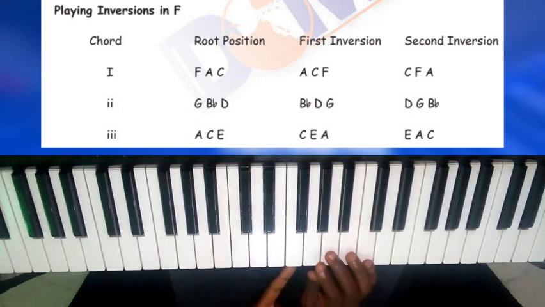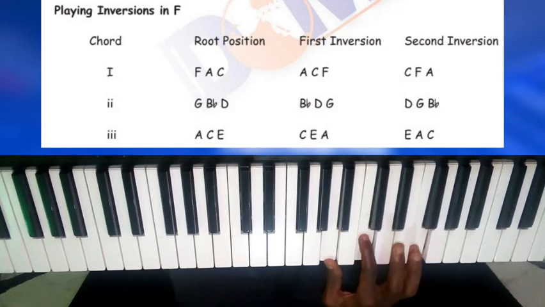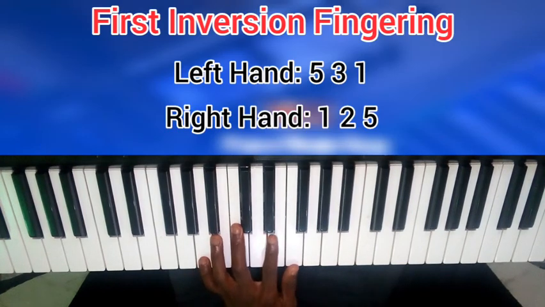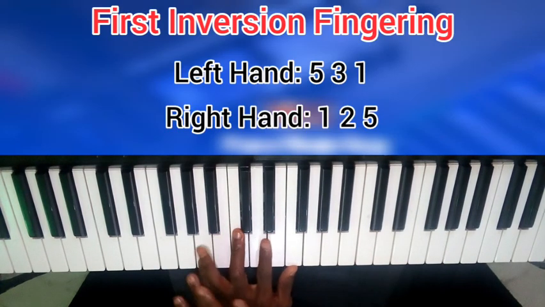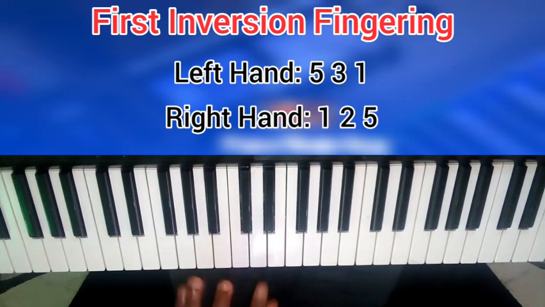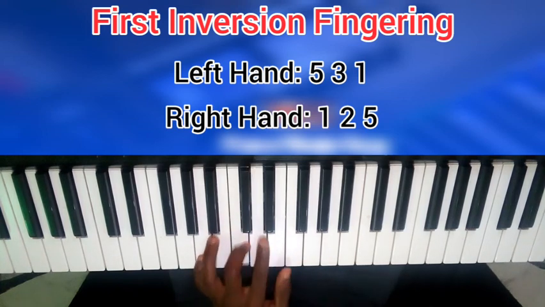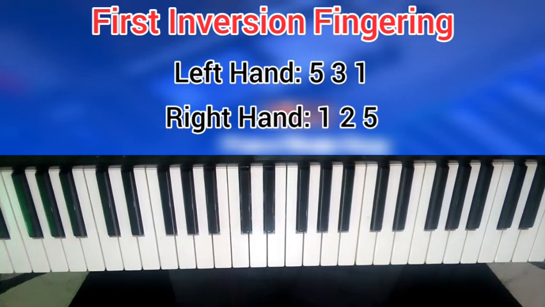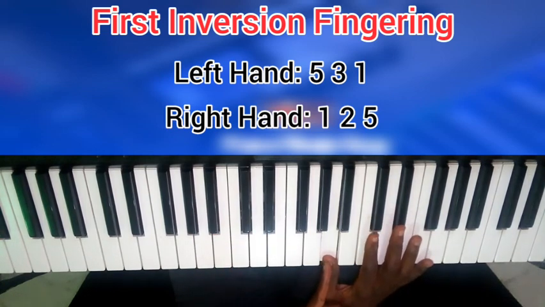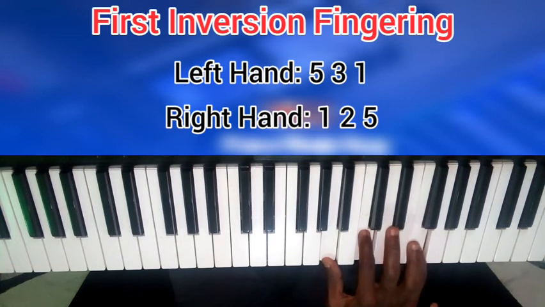So that means I will need to throw this one above it. So I have something like this. Then the fingering for my left hand will be the same 5 3 1. The right hand will be different from the left hand. It will be 1 2 and 5.